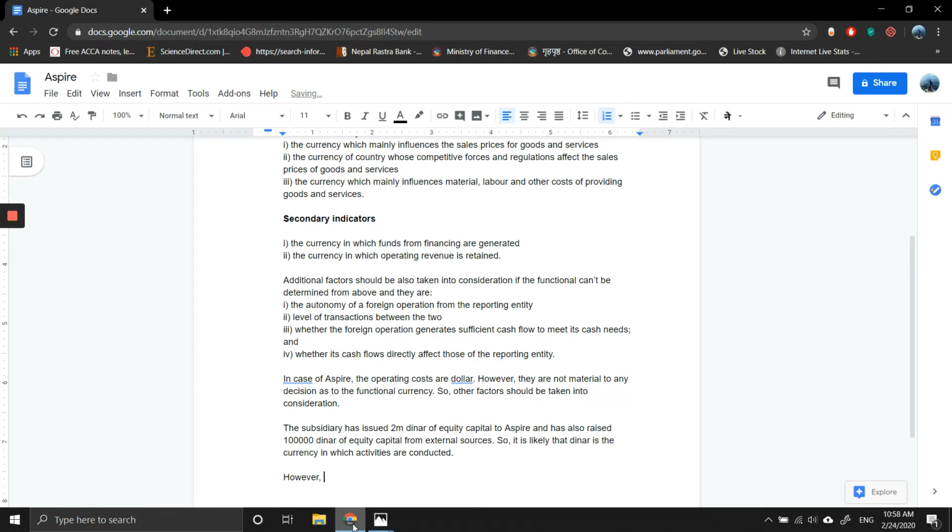The investment decisions are made by Aspire, which suggests that the subsidiary has little autonomy. First thing is checked off, right?